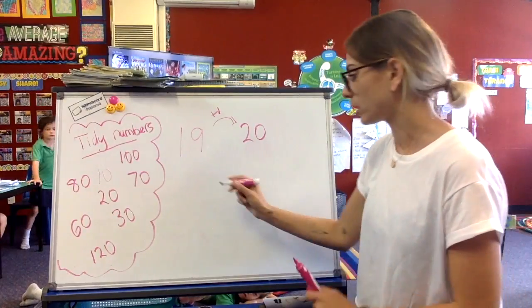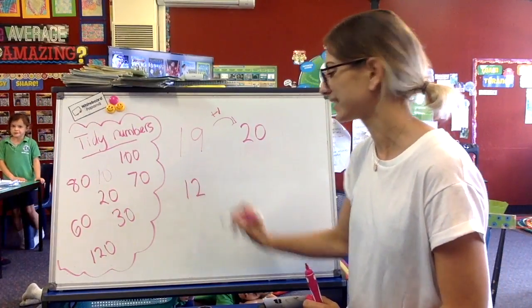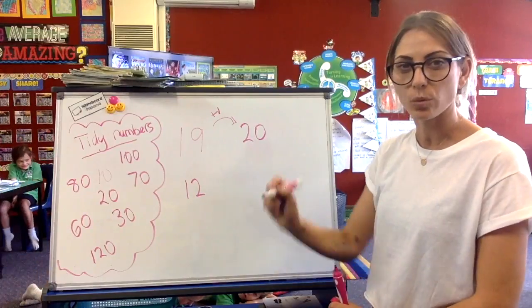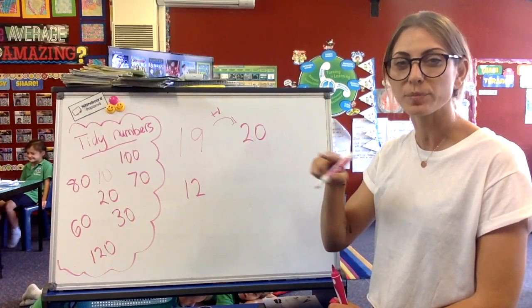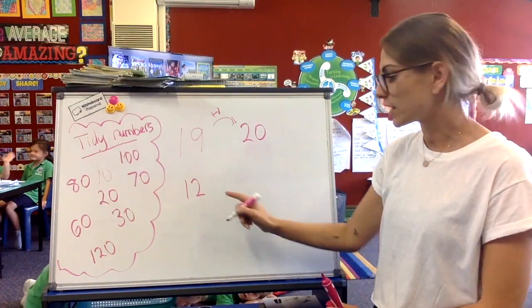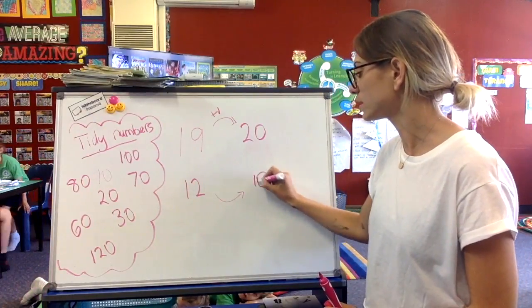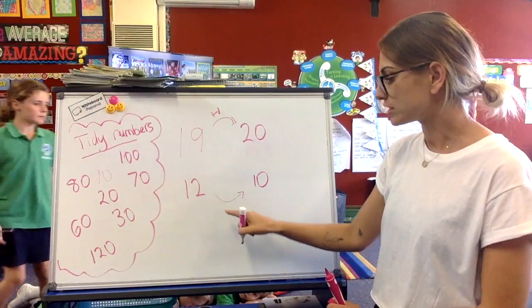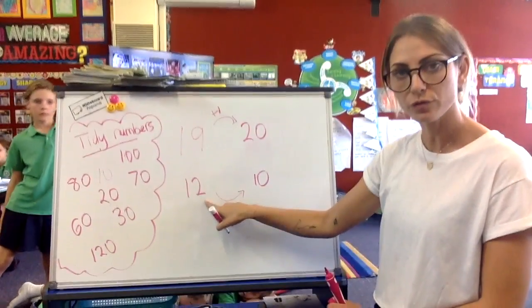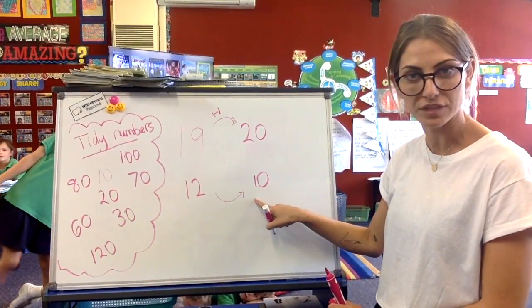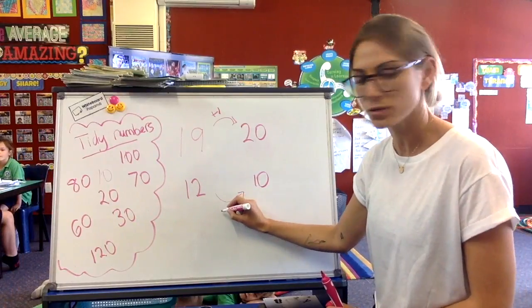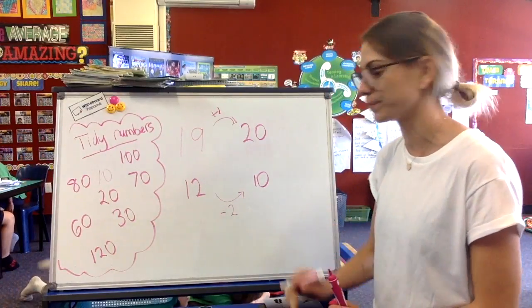If we had a number like 12, the closest tidy number wouldn't be higher, this time it would be lower. The closest tidy number to 12 is 10. So to round 12 to the closest tidy number of 10, this time we don't add, we need to take away 2.